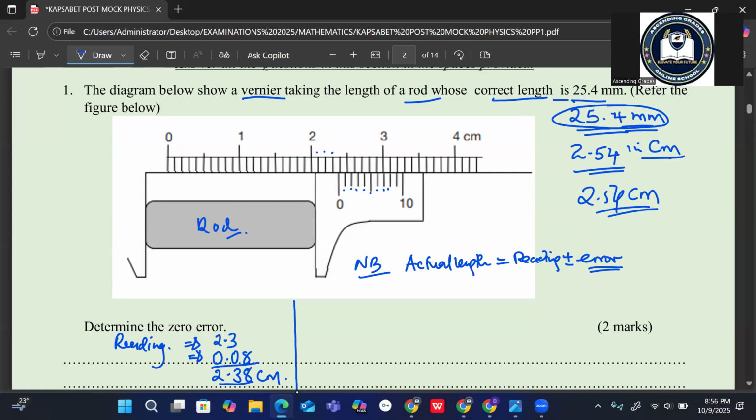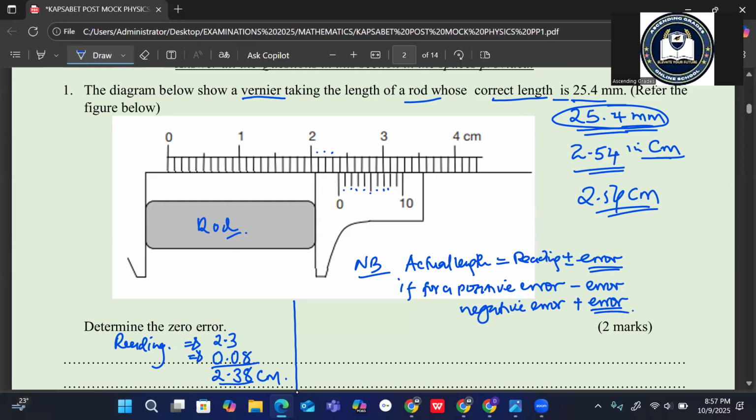If it is a positive error, we subtract the error. If it is a negative error, we add the error.